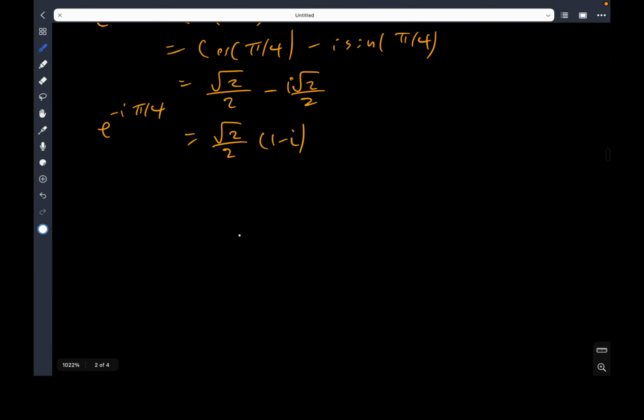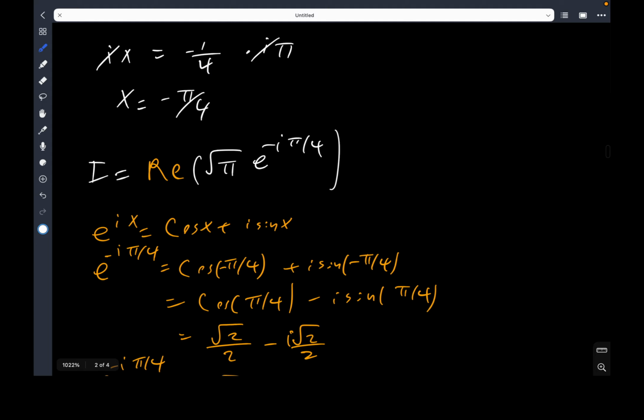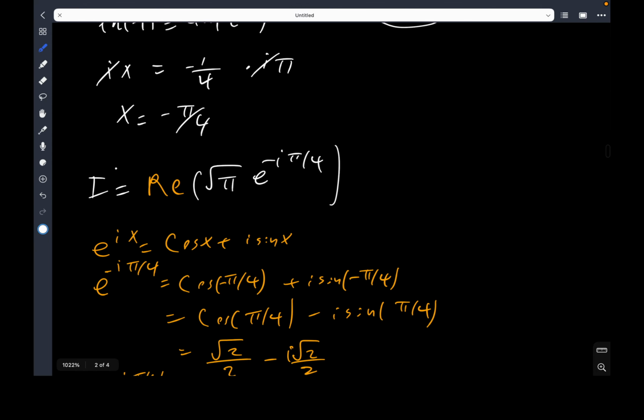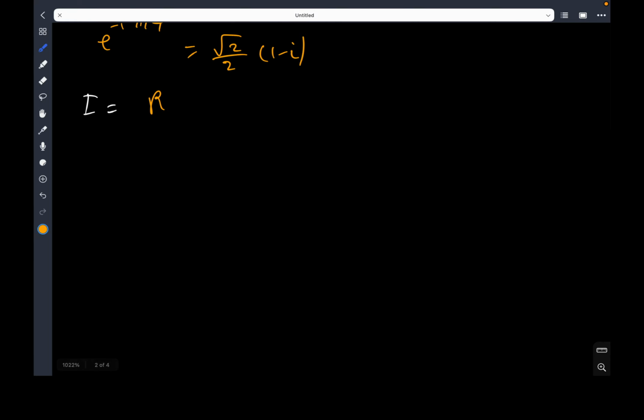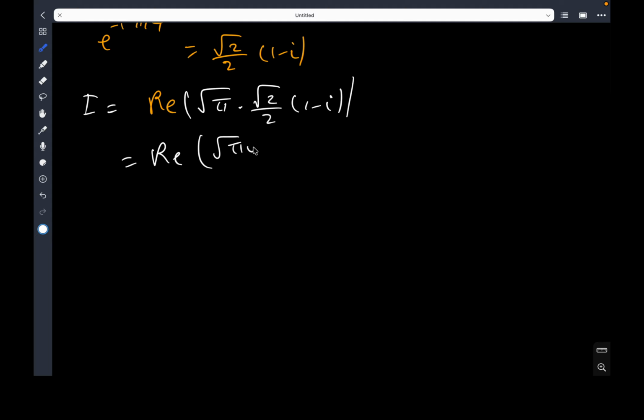And thus, the I is the real part of root pi times root 2 over 2 times (1 minus i), which is the real part of root pi root 2 over 2 minus root pi root 2 i over 2.